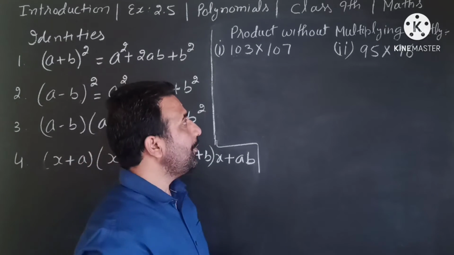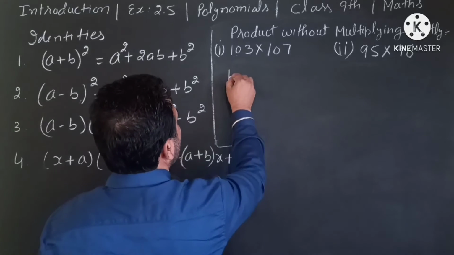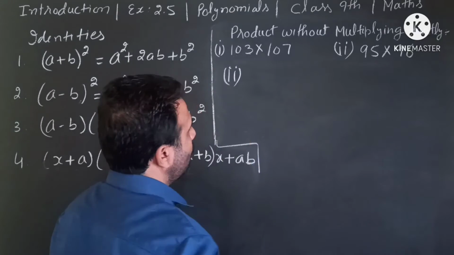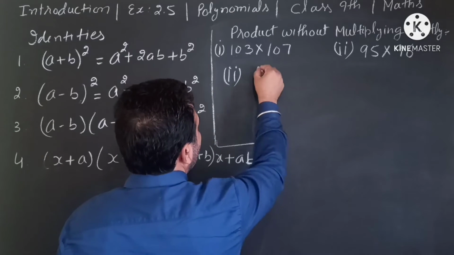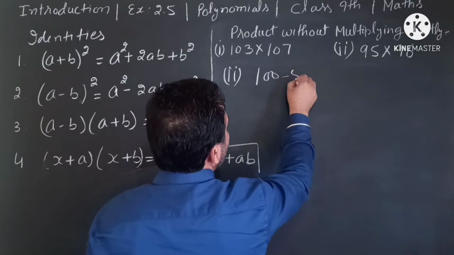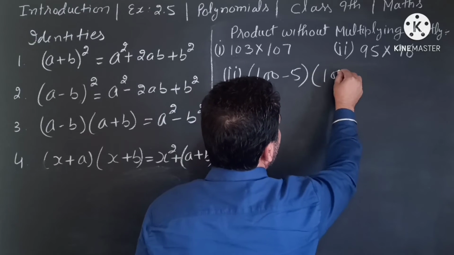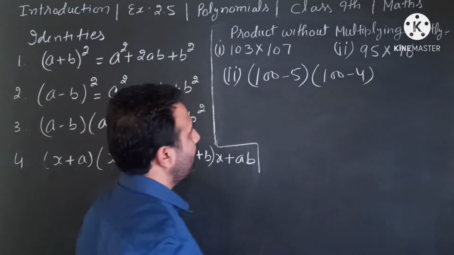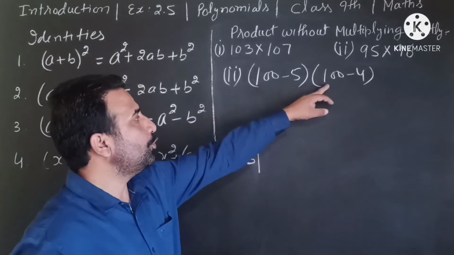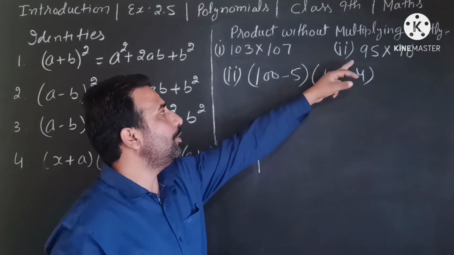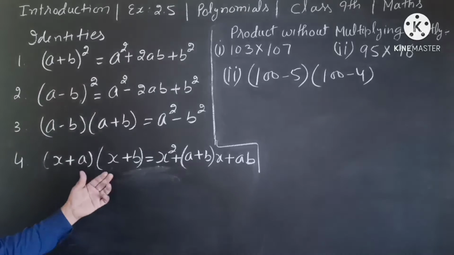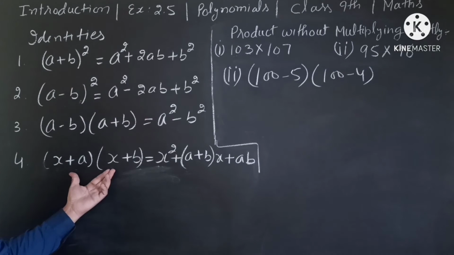Second sum is 95 multiplied by 96. So I will write 95 as 100 minus 5, and 96 as 100 minus 4. Okay, your first number should be same because we are converting these two numbers in the form of this identity.